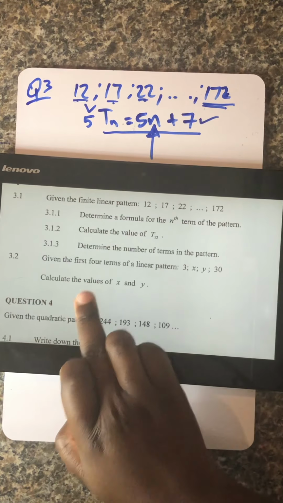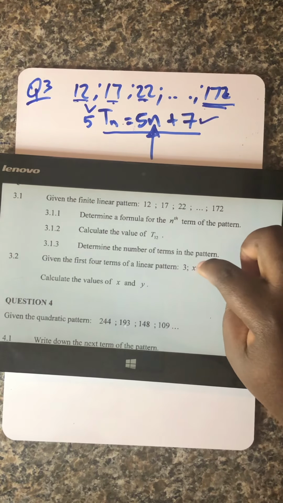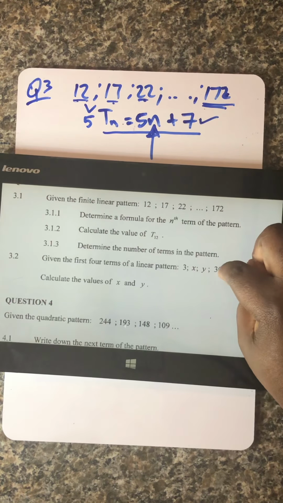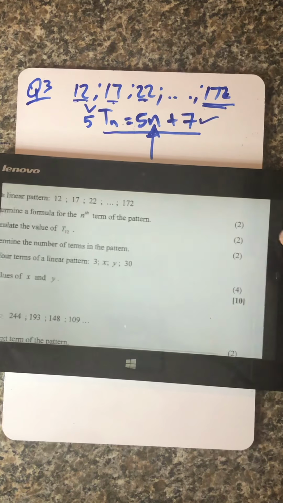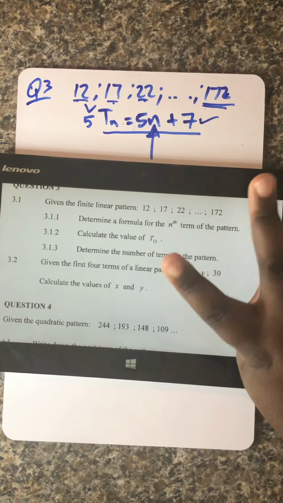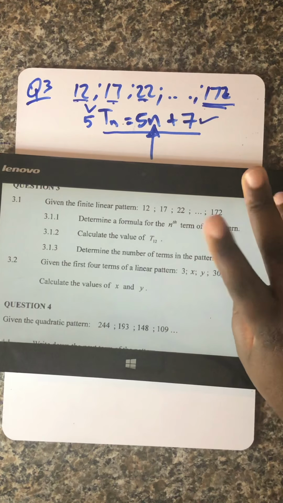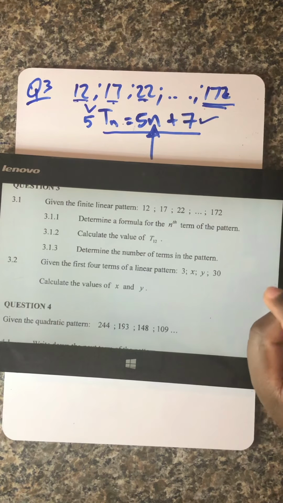Given the first 4 terms of a linear pattern, 3, x, y, and 30. Sure, guys, this is going to be an interesting question. It's allocated 4 marks. The first 2 marks will be dependent on your thinking capacity.